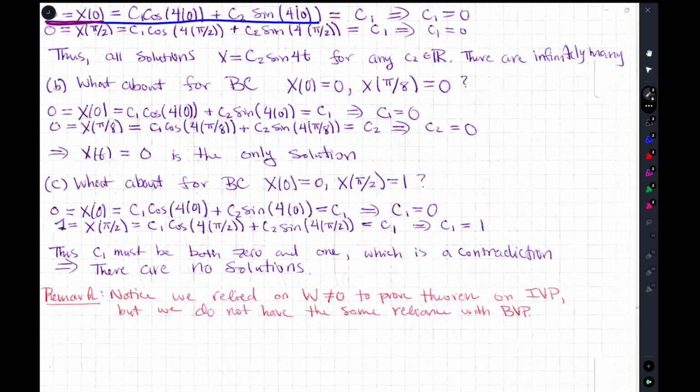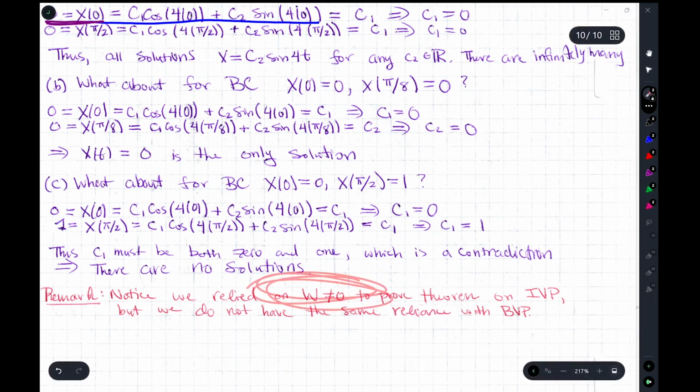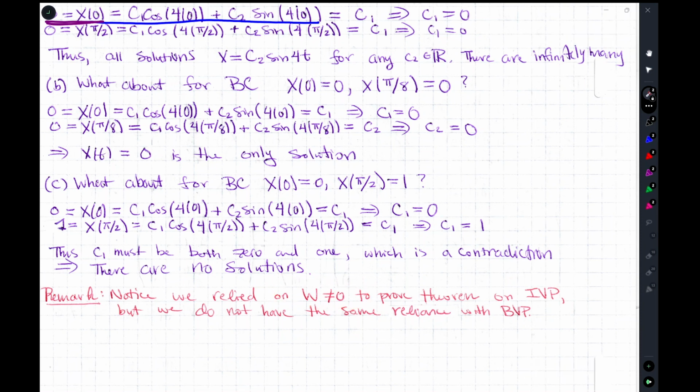Here, we'll still get the general solution, but we can't necessarily say that we're going to find some solution for the C's. That's because the Wronskian being non-zero, that's still true for any fundamental set, but for boundary value problems, unless we're specifying those first n-1, we just won't use this fact to get a unique solution for the C's.